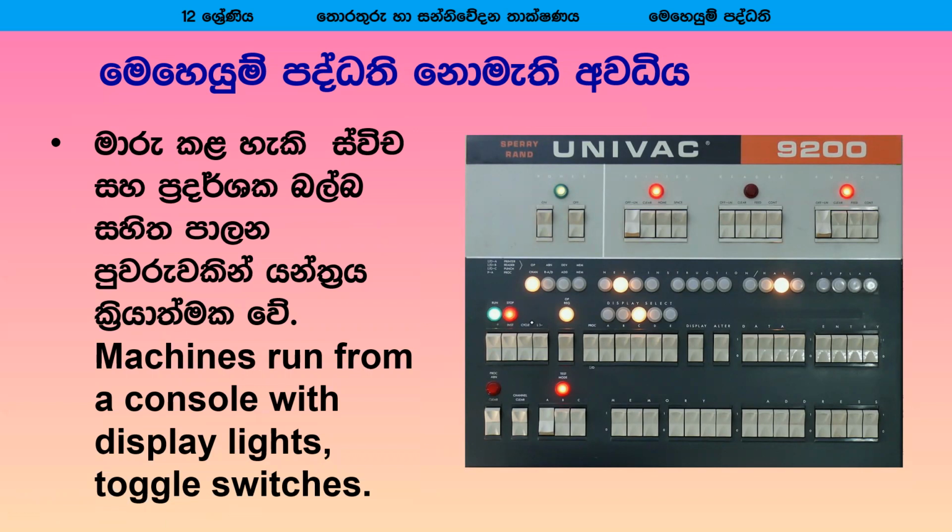We are not getting anything on a screen, right? The operator should have the idea which switches to be on, which switches to be off, and what these indicators are showing, and likewise, right? So it was pretty complex, right?